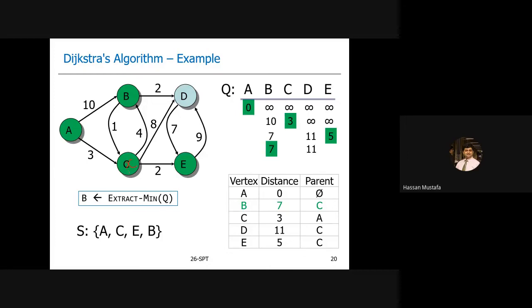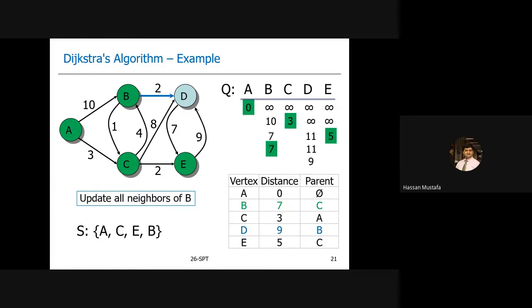We would not process nodes that are already processed, so we would not check the cost of C. We would only check the cost of the other edge. The cost of B is 7, and 7 plus 2 makes the cost 9. We are comparing this 9 with the value 11 for node D. This 9 is definitely a shorter path, so we would update 11 with the value 9.